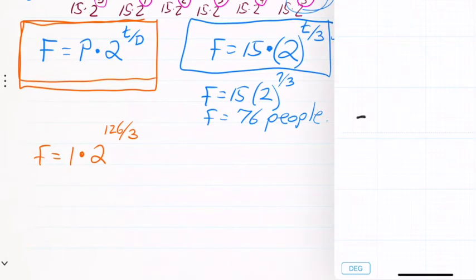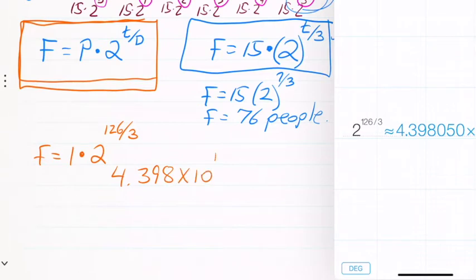So that's 2 raised to the 126 divided by 3 times 1. Let's see here. That's 4.398 times 10 to the 12.